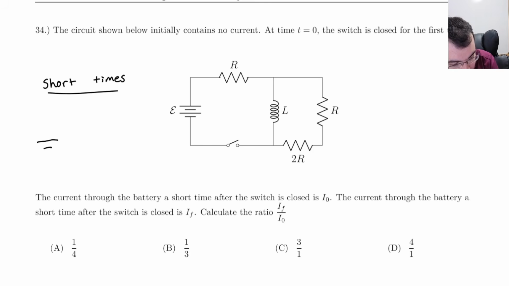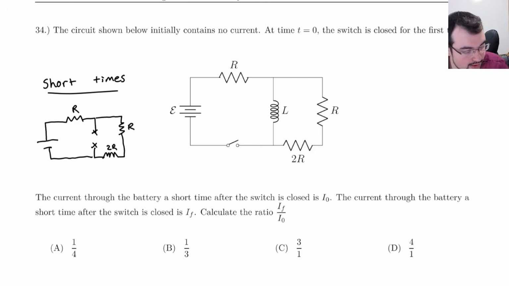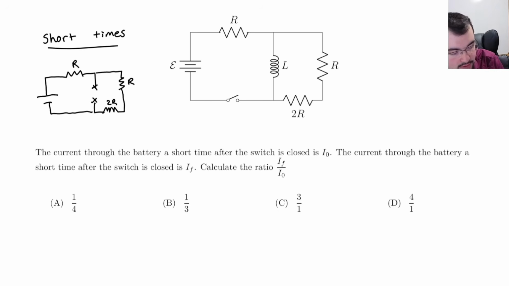So after a short time, the inductor is going to behave like a gap, meaning all the current is sort of forced around it, sort of creating a long circuit. So this means our effective circuit would just be this huge perimeter loop.